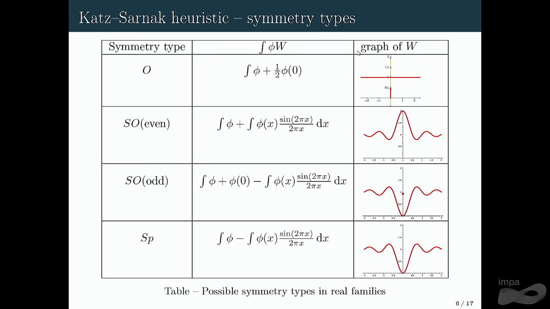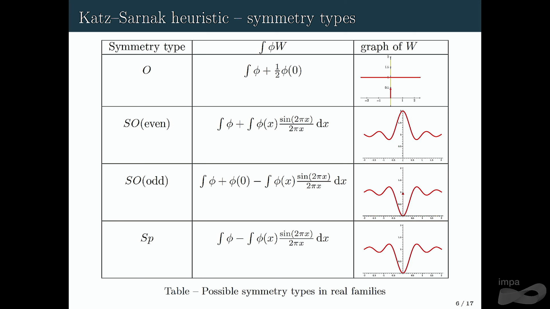And if I go one by one each time, then this is what the histogram is going to look like. That's what the conjecture is saying. So in particular, if we think the symmetry type is orthogonal, it means that we think the zeros are basically very well distributed on the real line.